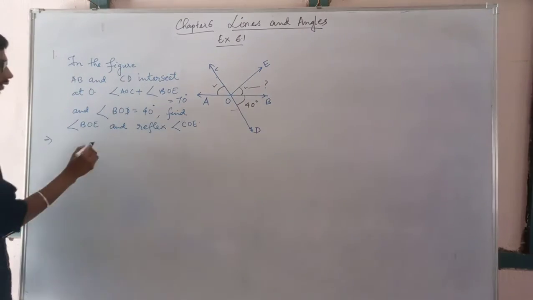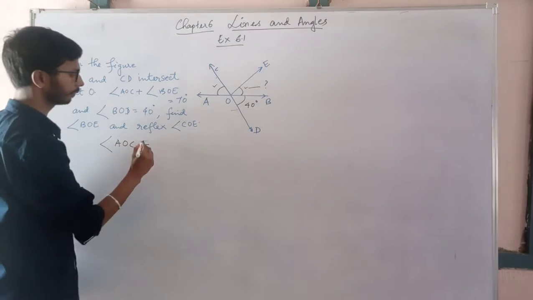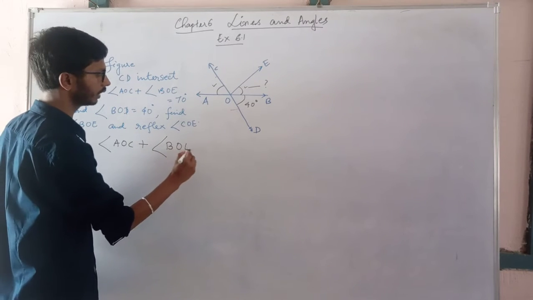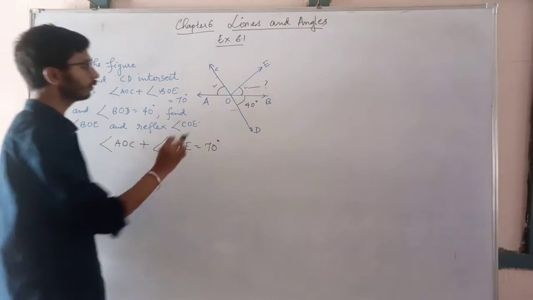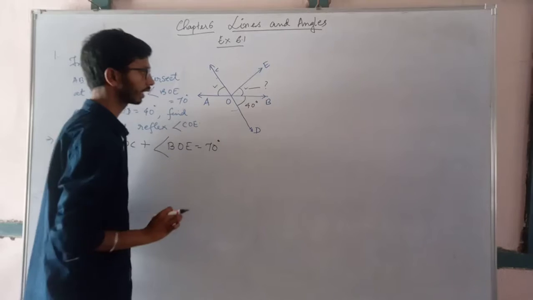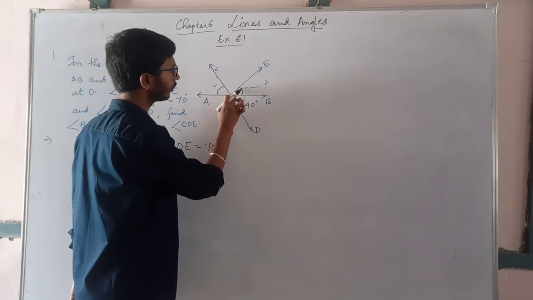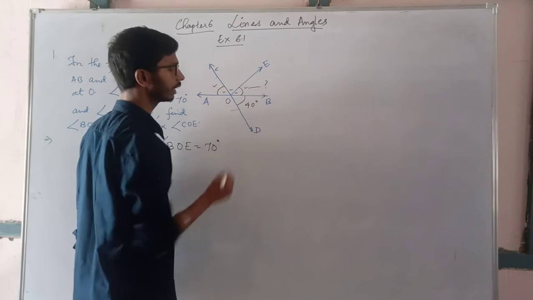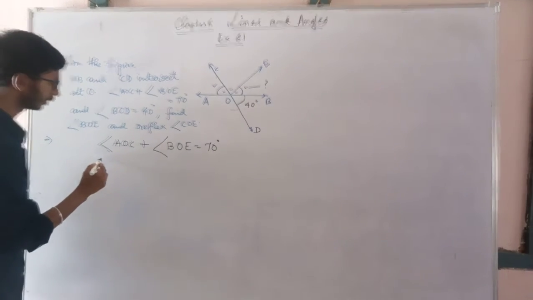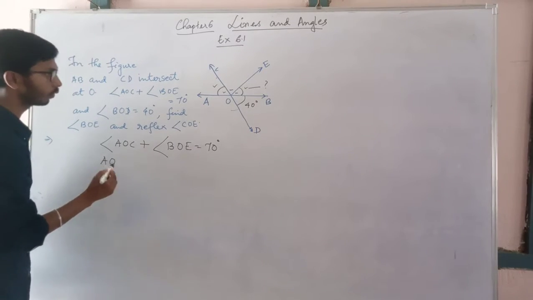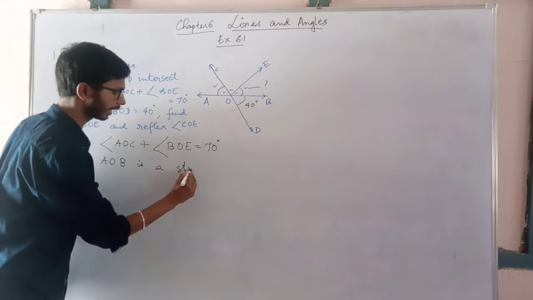So let us try. As given in the question, angle AOC plus angle BOE is equal to 70 degree, okay? Now you see here, this is a straight line, correct? So if this is a straight line, we can directly say that the sum of all these three angles will be 180 degree. So we can write like this: AOB is a straight line.